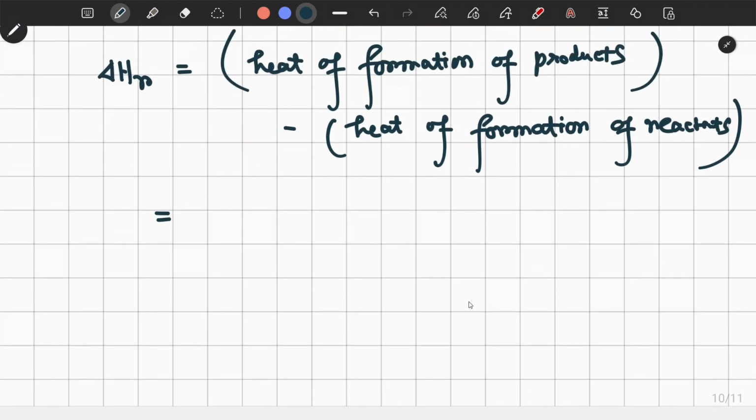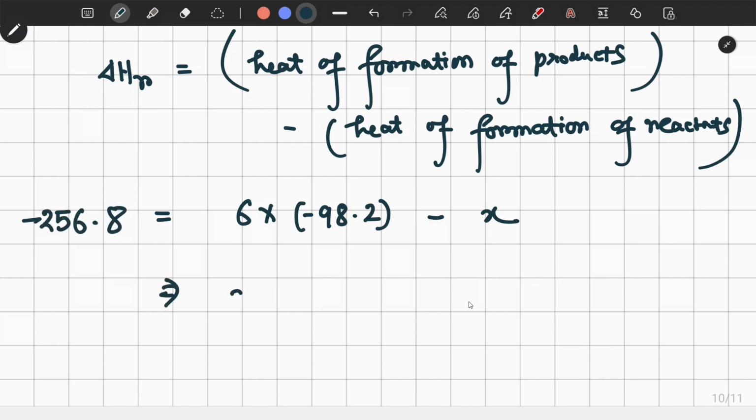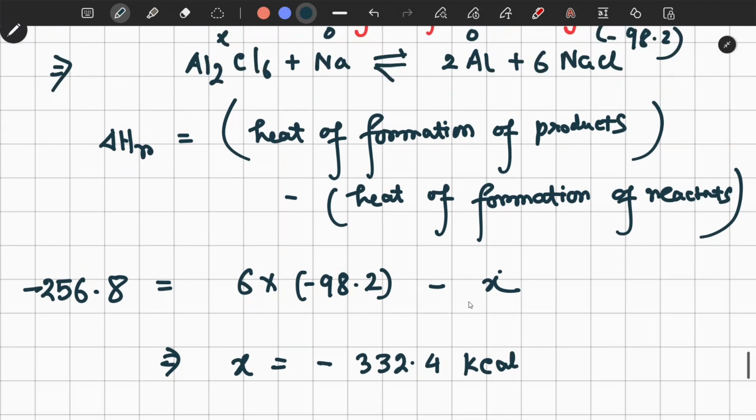So product is 6 into 98.2, and it is minus X, and it is 256.8. So X will be... all was in kilocalorie.